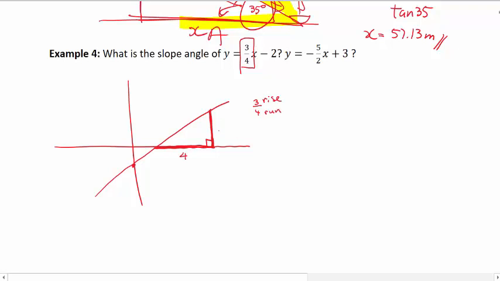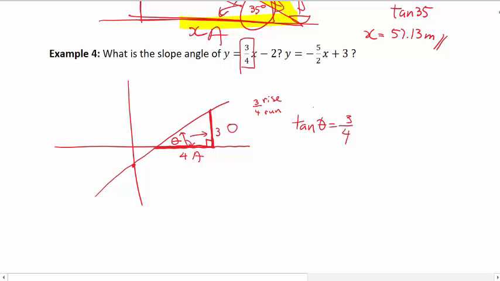And what I want to do is find the angle that the x-axis and the line is making, which is this one right here. So you can see that you have your opposite and your adjacent. So that's tan. So tan theta is equal to 3 over 4.